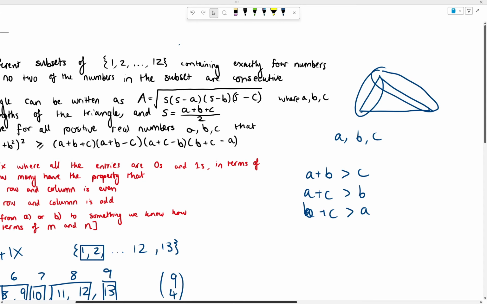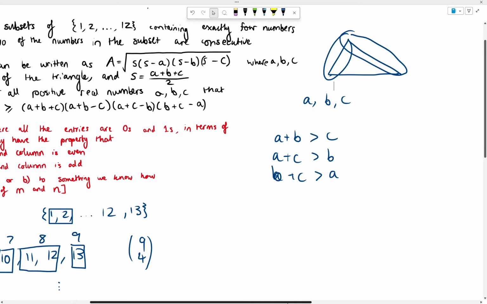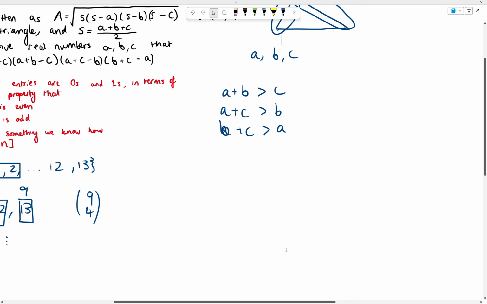So we're going to have to split the problem into cases: one case where the triangle inequality is satisfied, and another case where it is not satisfied. The first case I'm going to deal with is what happens when our three numbers a, b, and c do satisfy the triangle inequality.